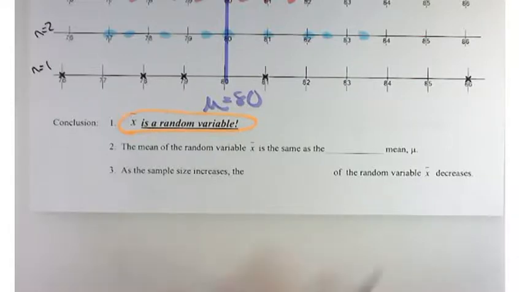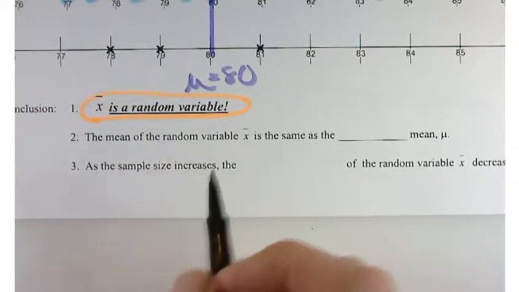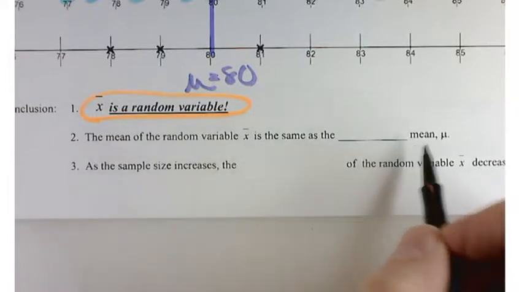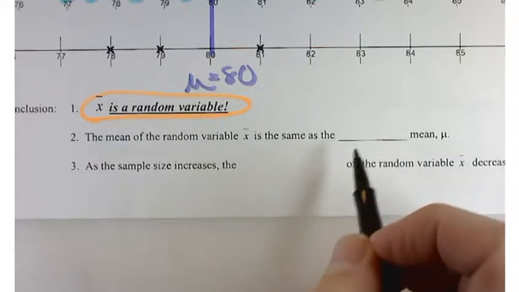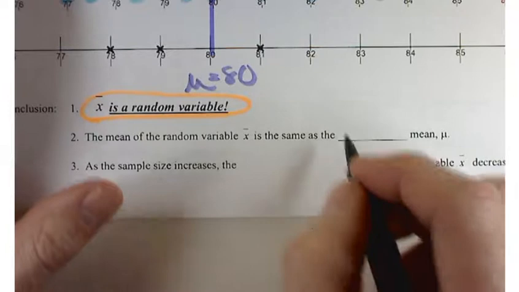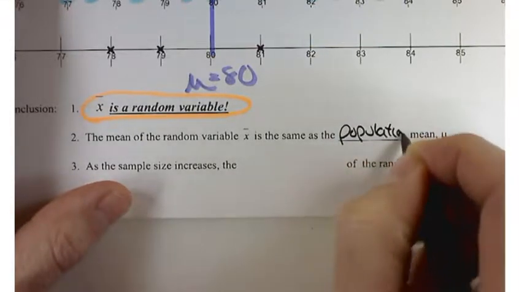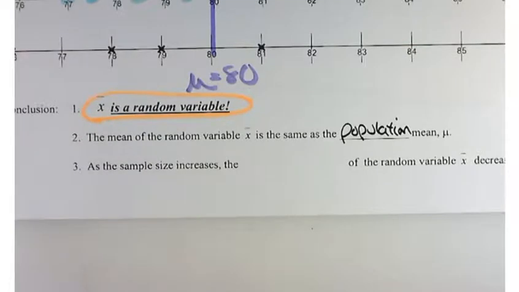How about the next one down? The mean of the random variable x bar is the same as the blank mean mu. What should I put in here? Population. That's good because that makes this an unbiased estimator.